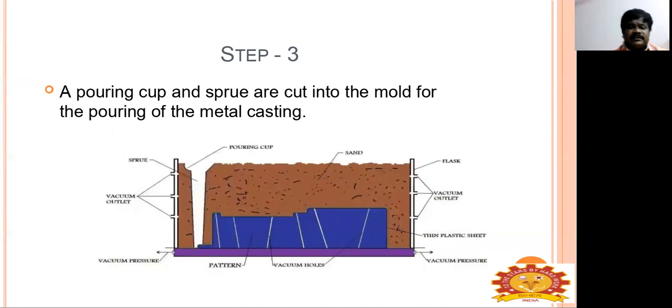We can see step 3, the pouring cup as well as the sprue will be cut in the mold, for the pouring of our metal casting.